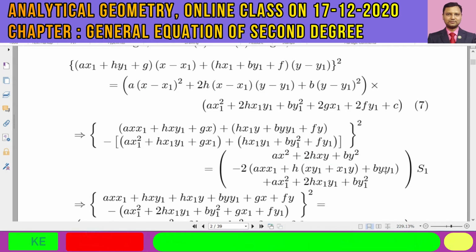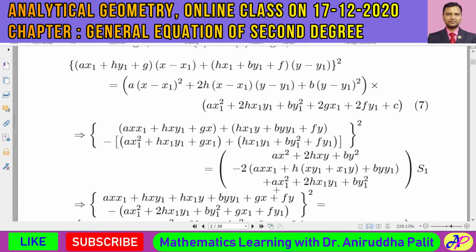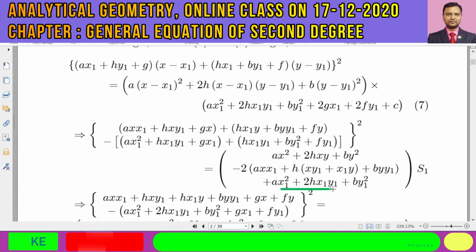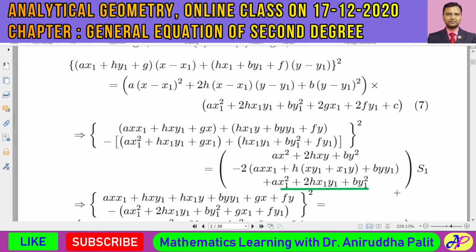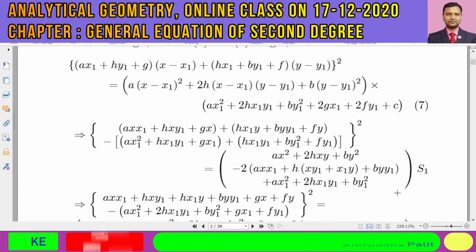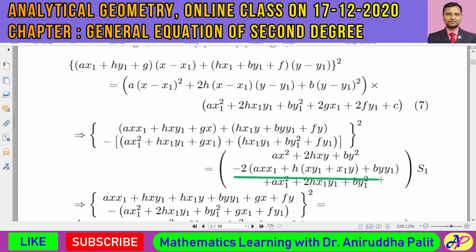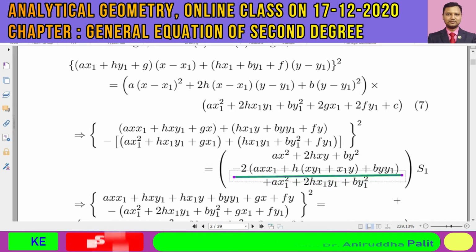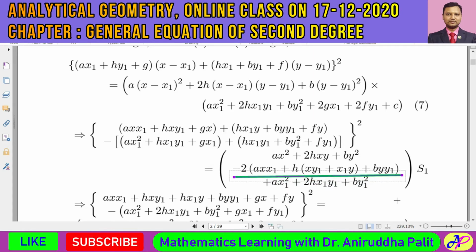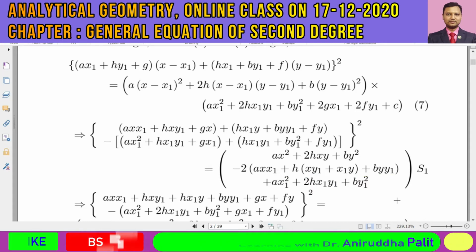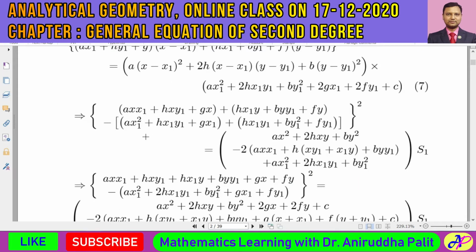Similarly, we are keeping all the terms containing x1 square, x1 y1 and y1 square in a separate group, and the remaining terms are kept over here. Now on the left hand side, if you observe a little bit carefully, we have h x1 y1 and h x1 y1, so together they construct twice h x1 y1.